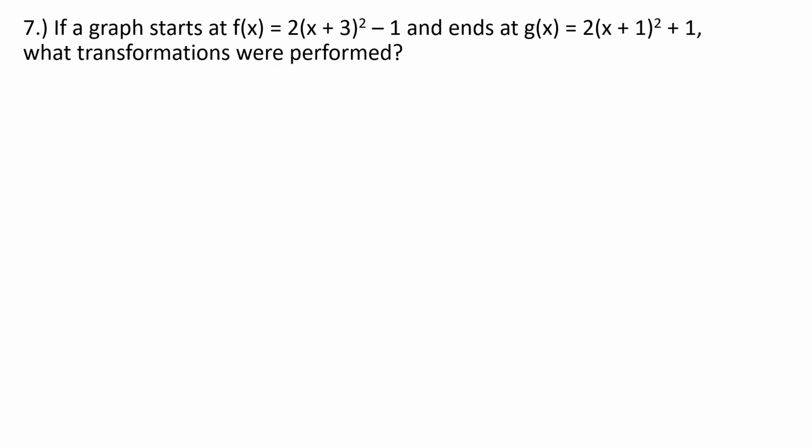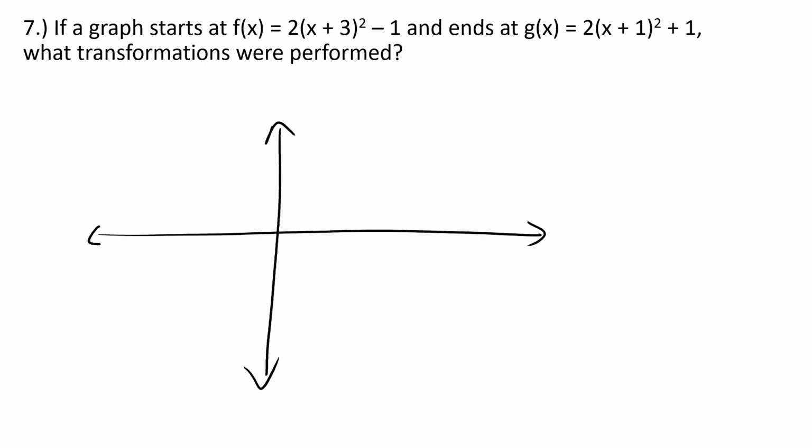If a graph starts at f of x is equal to 2(x + 3) all squared minus 1 and ends at g of x equals 2(x + 1) squared plus 1, what transformations were performed? So this is taking it off of the parent, so we're not starting the transformations at the parent. The best way to do this is with a graph, and you can use Desmos to do it, or you can do it by hand.